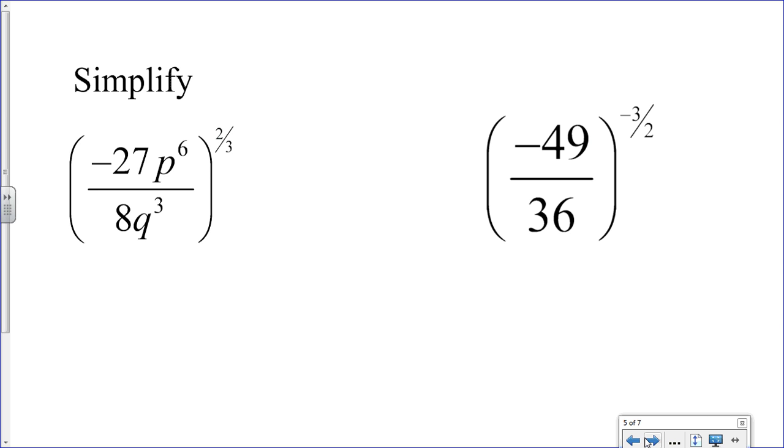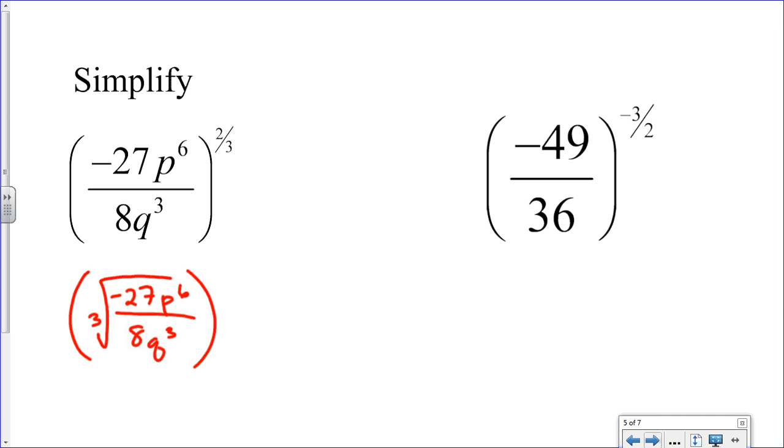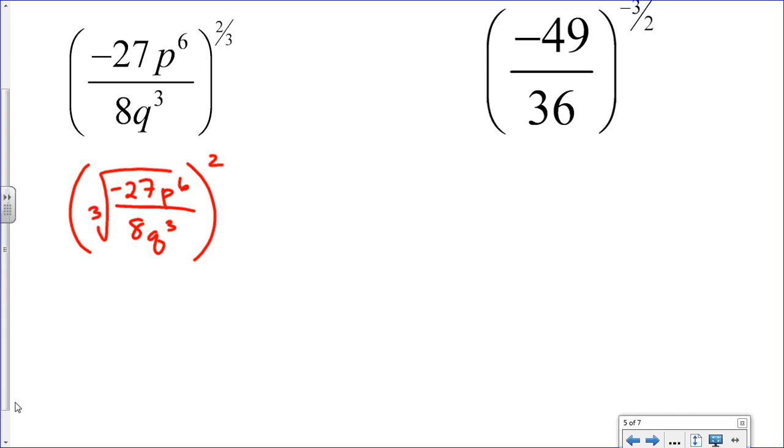Root part first. So what's the root? Good. So the root is 3. And then what's the exponent? 2. Okay. I'm going to go ahead and separate these.